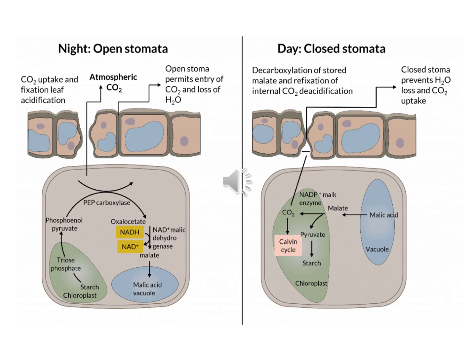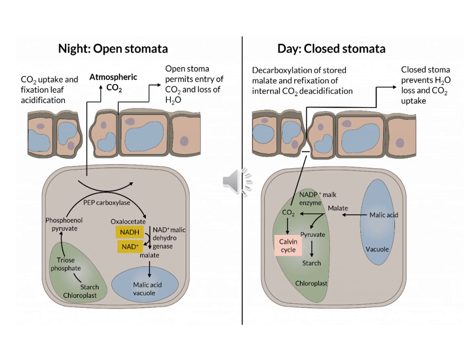The oxaloacetic acid is then reduced to malic acid in the presence of the enzyme malic dehydrogenase. The reaction requires NADPH2 which is produced in glycolysis. The malic acid produced in dark is stored in the vacuole. The malic acid increases the acidity of the tissues.